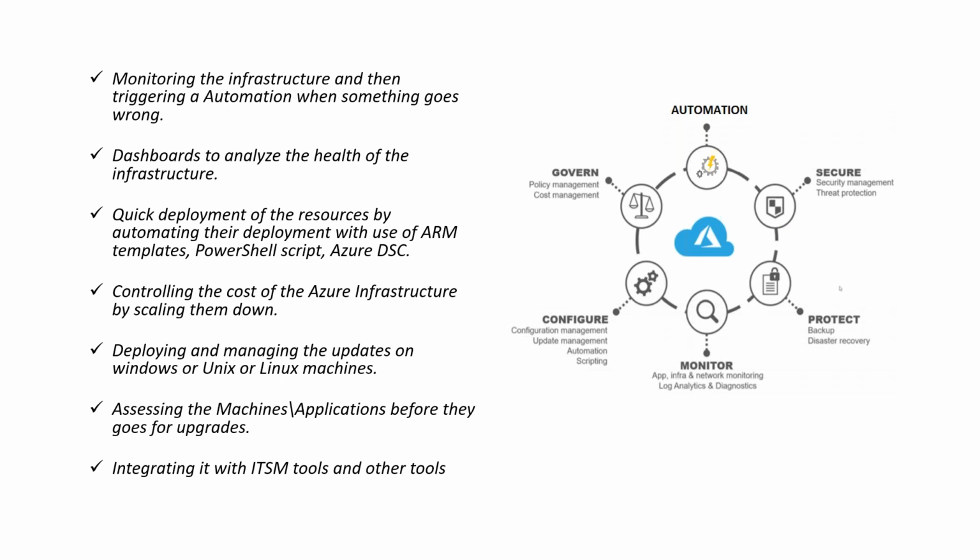You can do quick deployment of resources with the help of Azure DSC, PowerShell scripts, and many more things. You can even control the cost of the infrastructure, deployment of the machines, assessing the machines, and it can also integrate with ITSM tools and data tools. So yeah, that was all about how you can do the manageability and monitoring of the infrastructure.